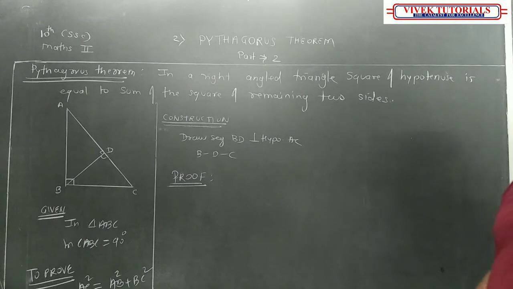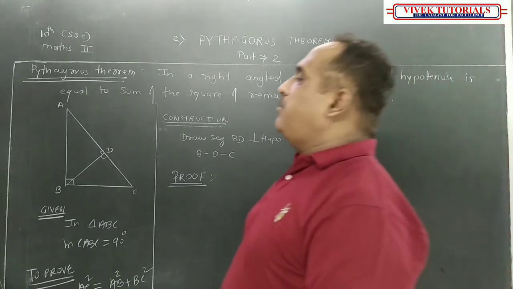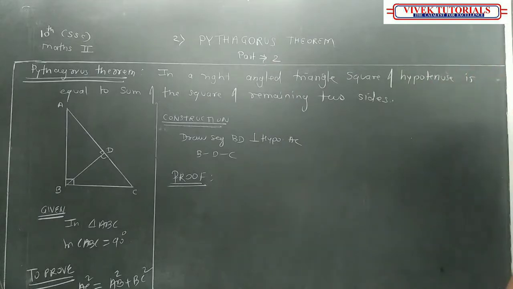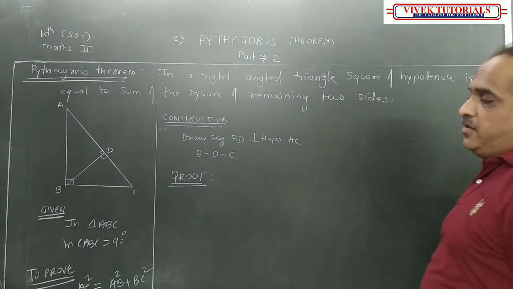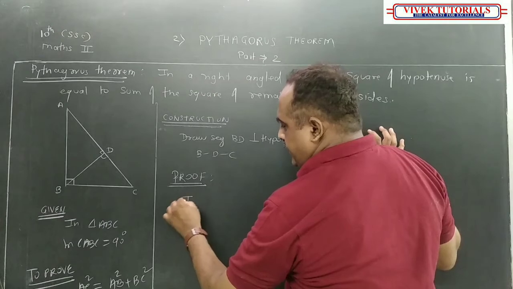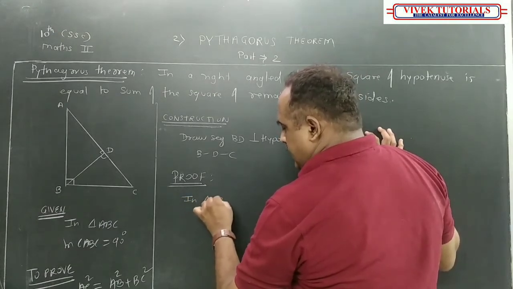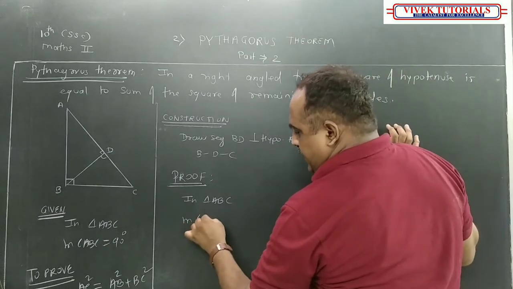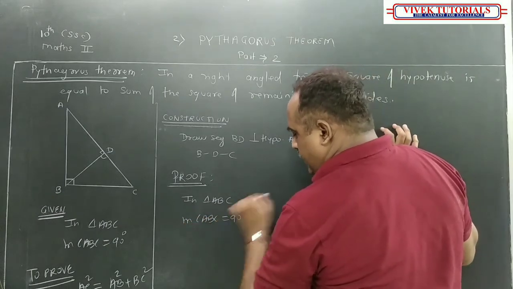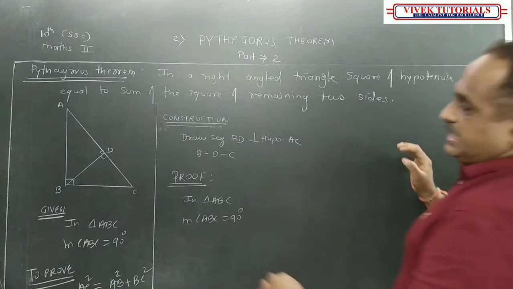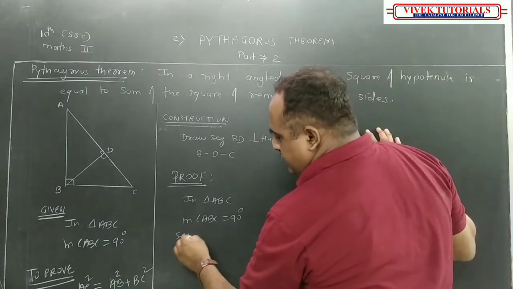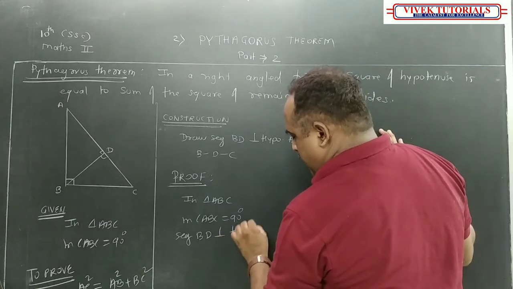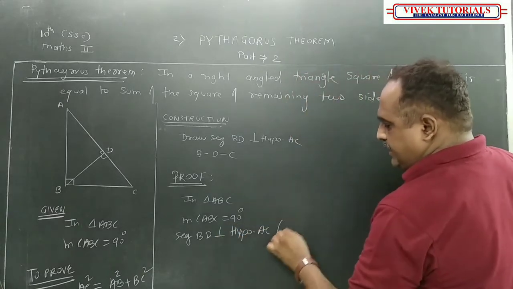In first part we have studied about the similarity of right angle triangle. That property I am going to make use of. Okay. So, what I am going to write in triangle ABC, measure of angle ABC is equal to 90 degree, then segment BD is perpendicular to hypotenuse AC.